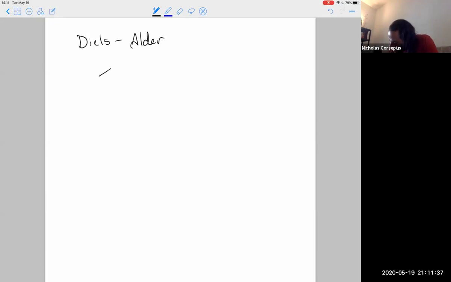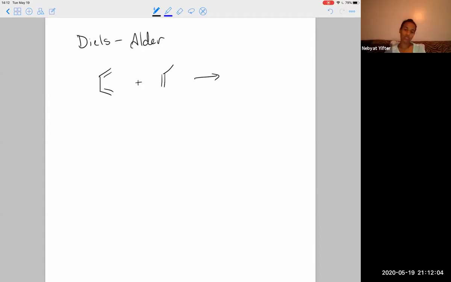This is going to take place between a diene and an alkene, specifically a conjugated diene, a 1,3 conjugated diene. Does anybody remember what happens in these types of reactions?